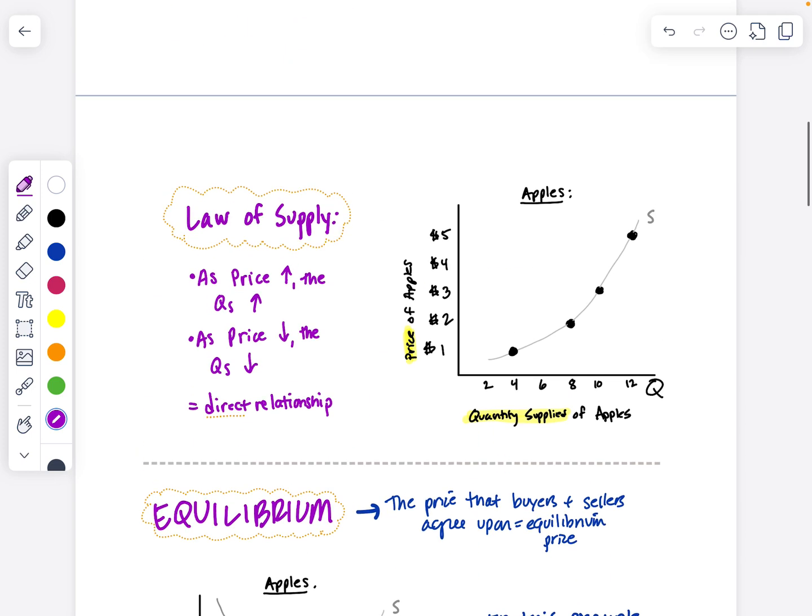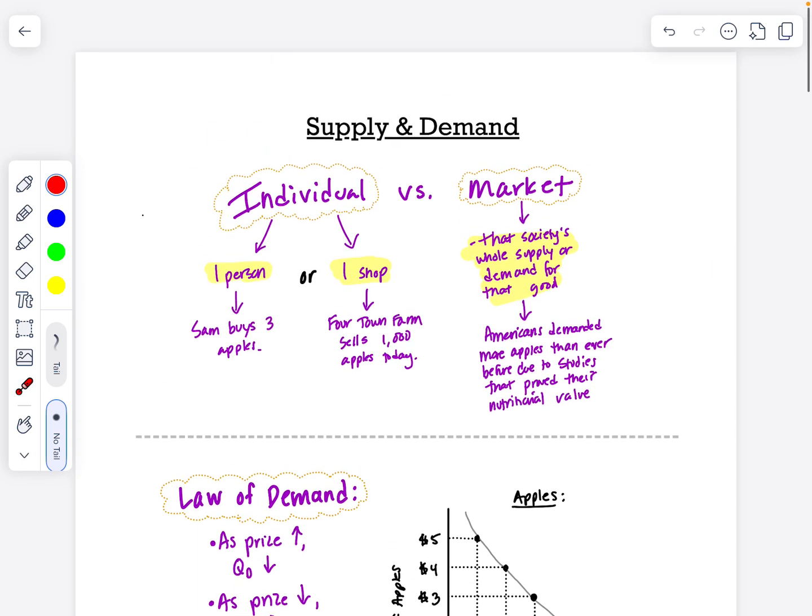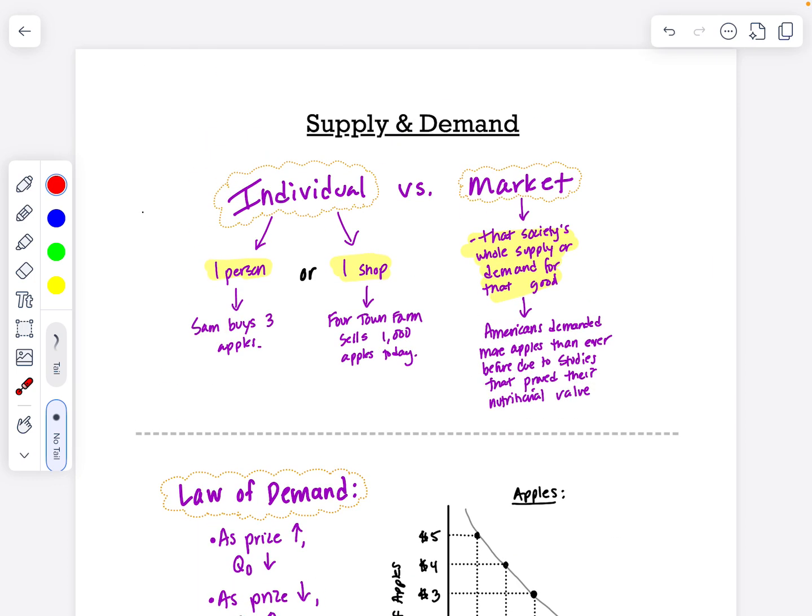We're saying that the quantity supplied of apples changes as the price changes. And we're saying the quantity demanded of apples changed as the price changed. So that is a video about the basics of individual and market supply and demand.